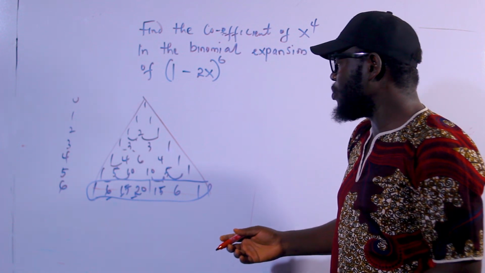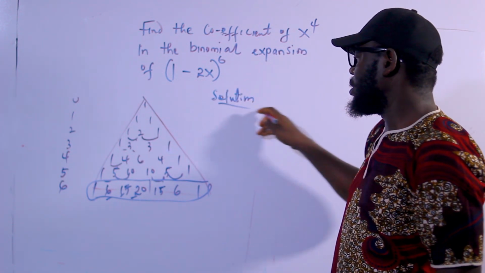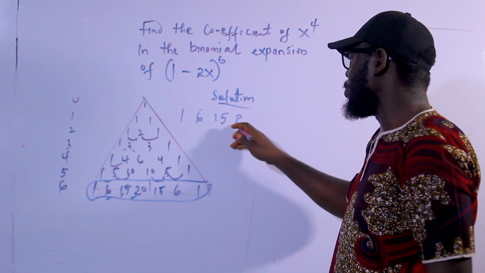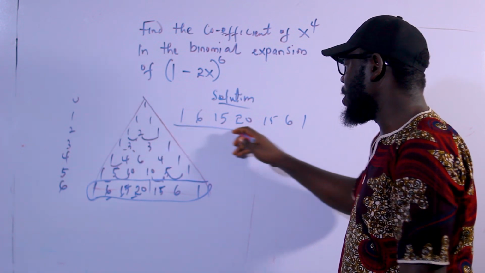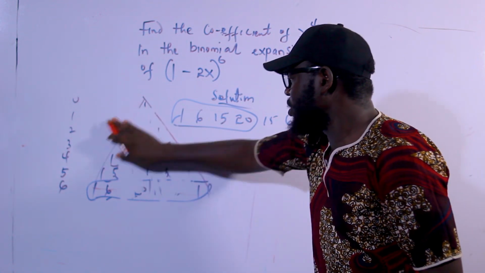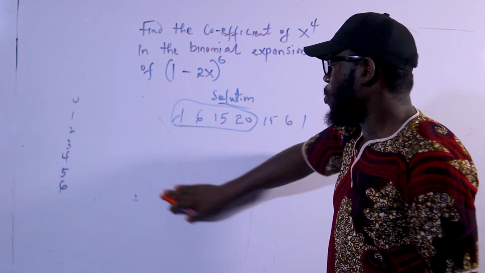Once we have already been assured that we are using 1, 6, 15, 20, 15, 6, and 1, where we are stopping at this point, it will interest you what we can do from here.